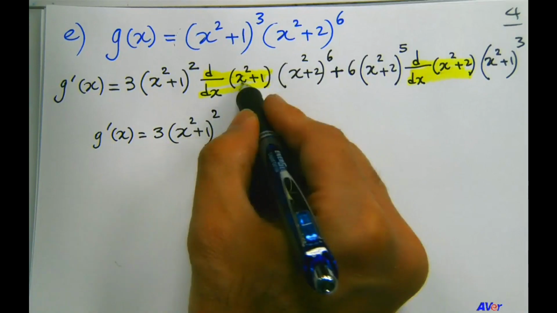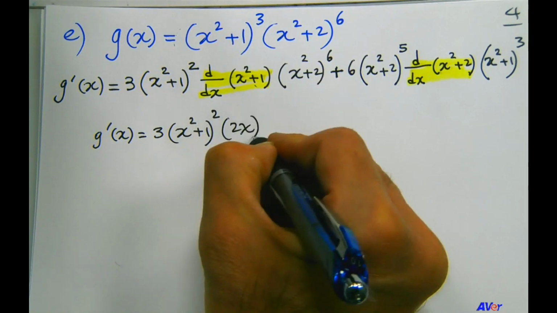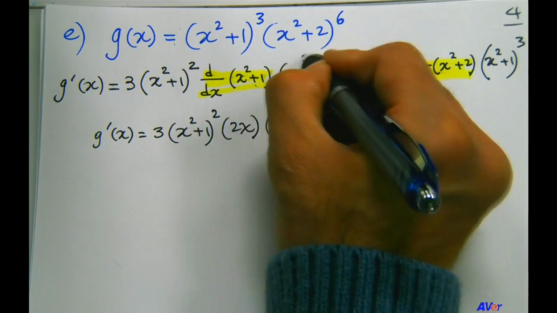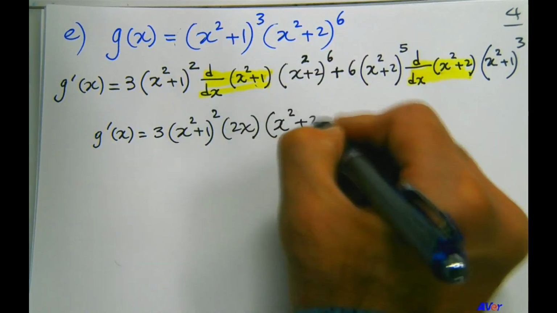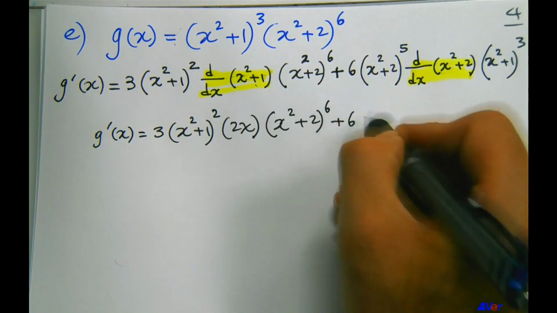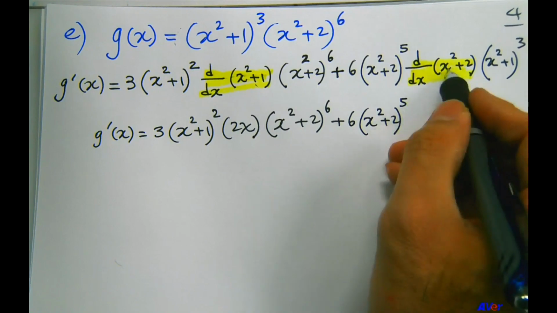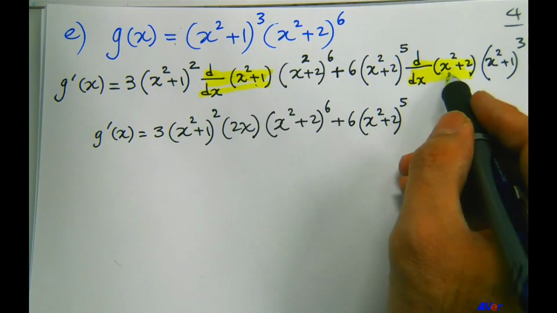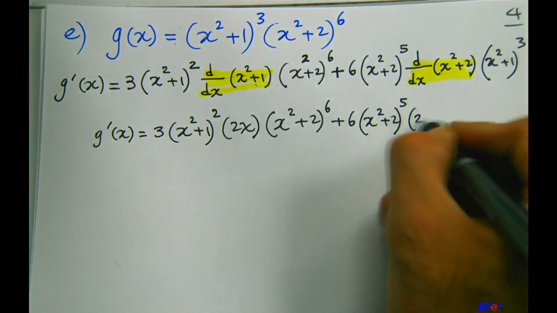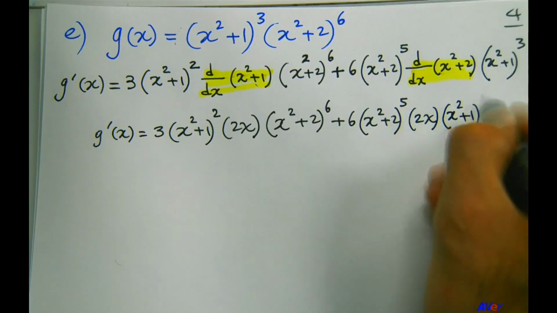Now the derivative of this is 2x, and then times all of that, x squared plus 2 to the 6th power, plus this one, 6 times x squared plus 2 to the 5th power, and the derivative of that again would be 2x, so 2x times all of that, x squared plus 1 cubed.